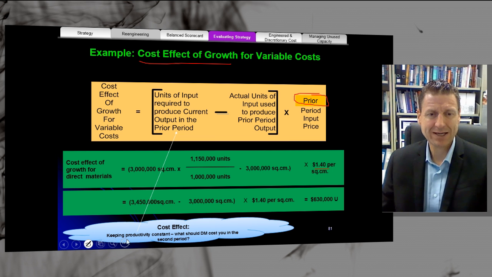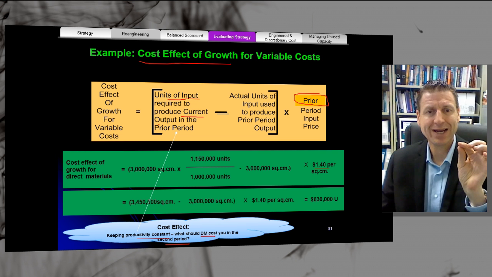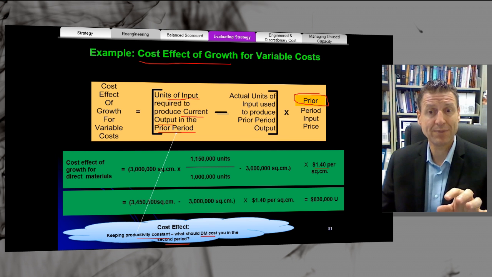So keeping productivity constant, what should direct materials cost you in the second period? Yes, so the units of input required to produce the current output in the prior period, minus the actual units of input used to produce prior period output. This is a tricky one here. All right, so to calculate this part here, what we do is multiply the current period divided by the prior period, and then multiply by the units.